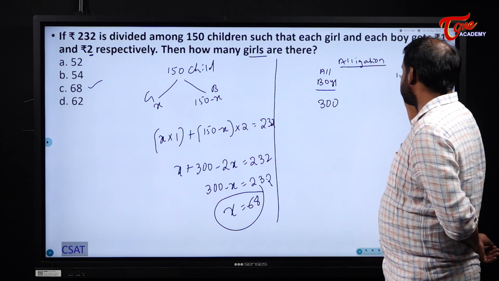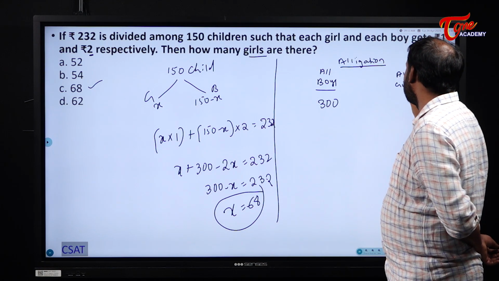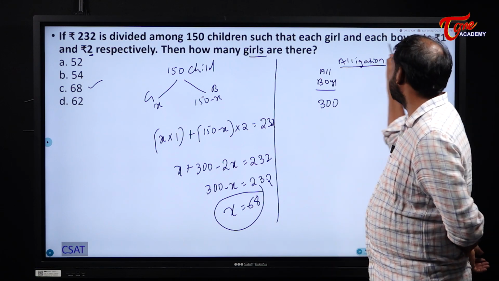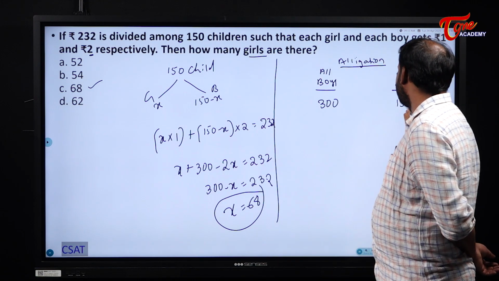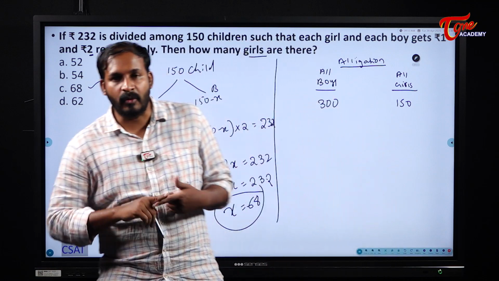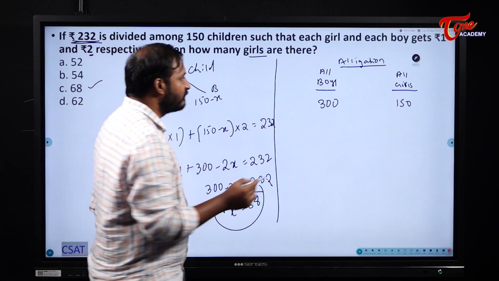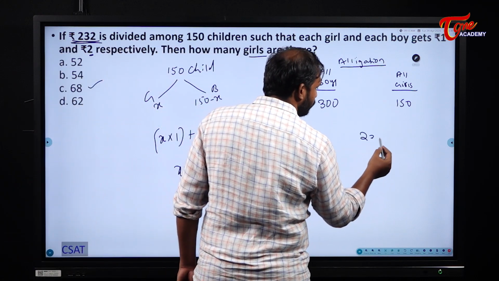If all are girls, assume for the time being that all the children are girls, the amount distributed is 150, since each girl gets 1 rupee. But due to the mixture of boys and girls, he is dividing 232 rupees.